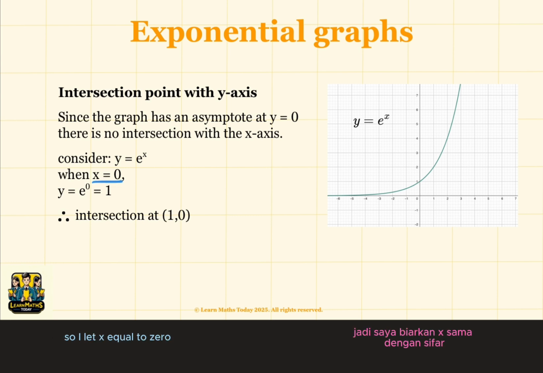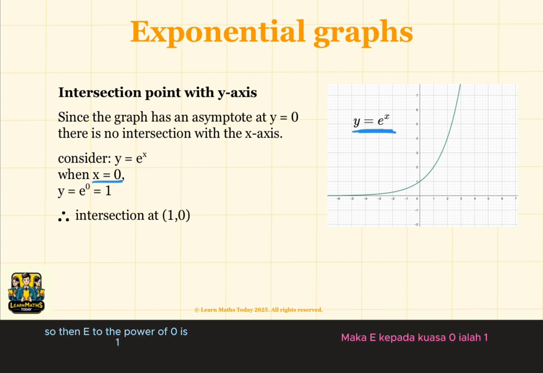So I let x equal to 0, and I get y equals e to the power of 0. And that's considering the equation is y equals e to the power of x. It's a very common exponential equation. So then e to the power of 0 is 1 because anything raised to the power of 0 is 1. So the graph intersects the y-axis at (0, 1).